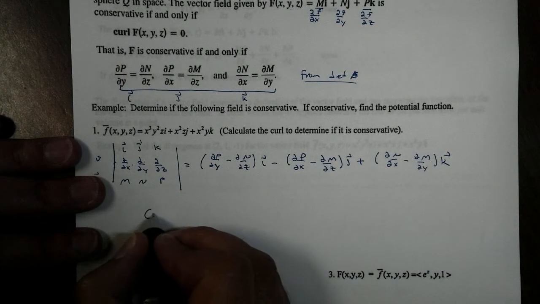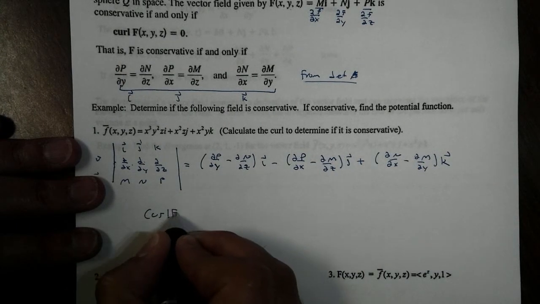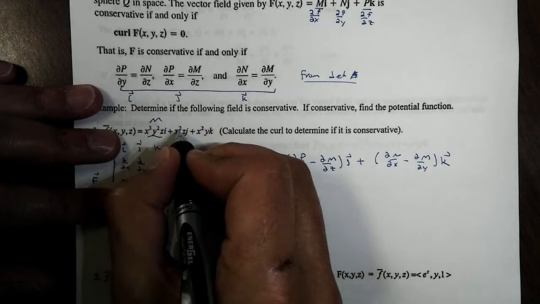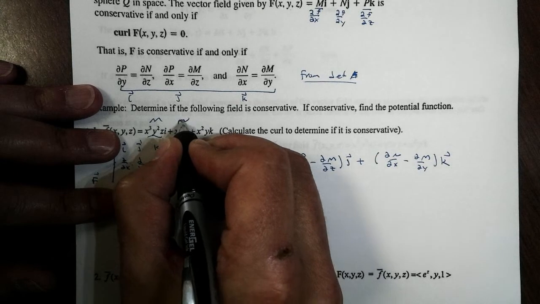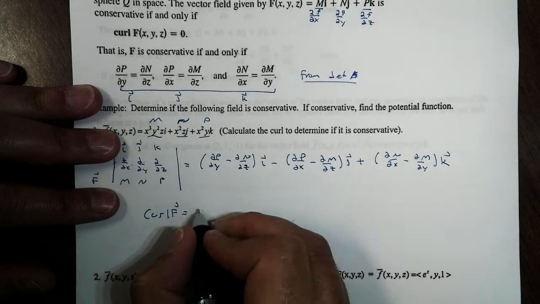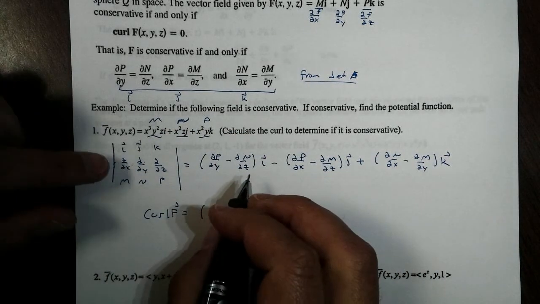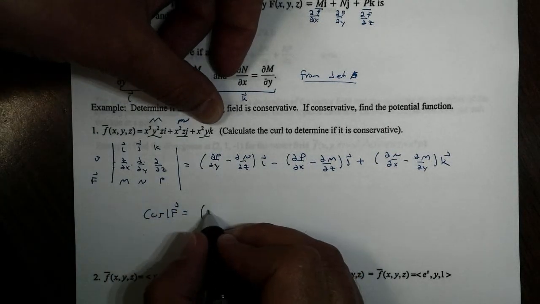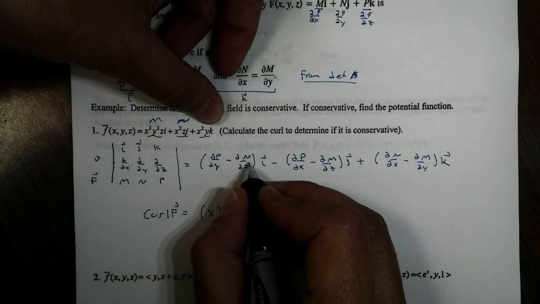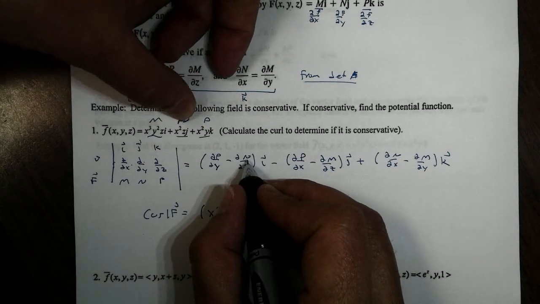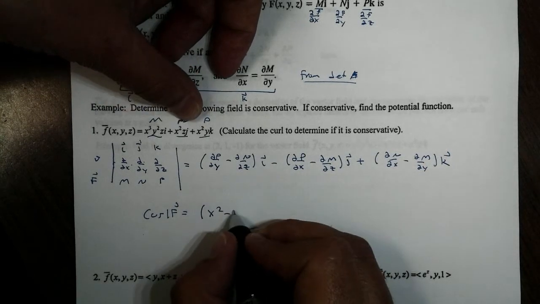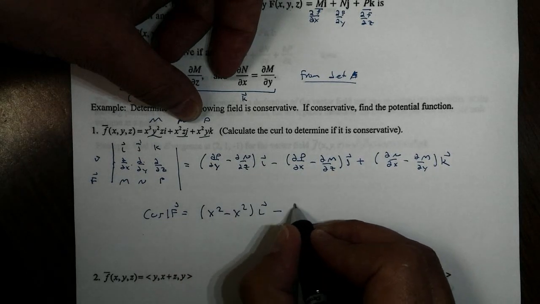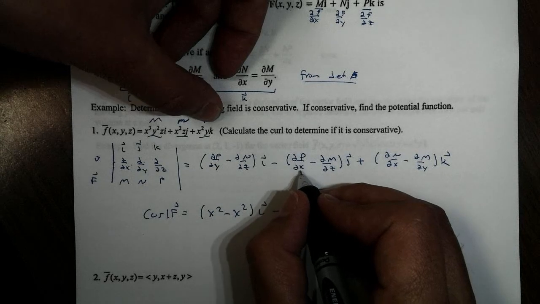So let's go ahead and find the curl. Curl F is what we call it. So if I look over here, here's M, N, and P. We take the partial of P with respect to y. This just becomes x squared, minus the partial of N with respect to z, x squared. Good. That's going to be i, minus the partial of P with respect to x.